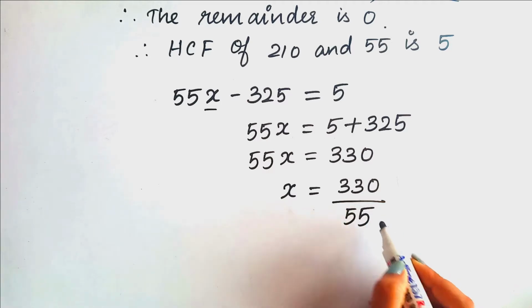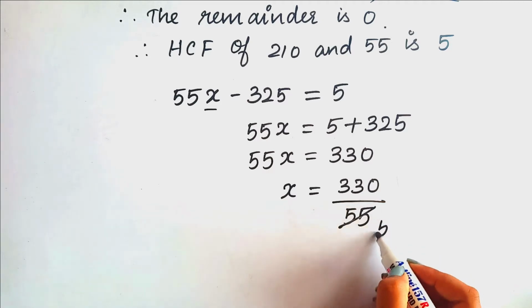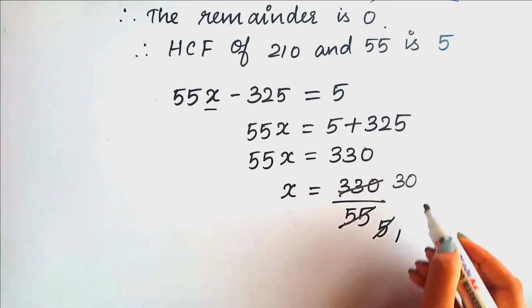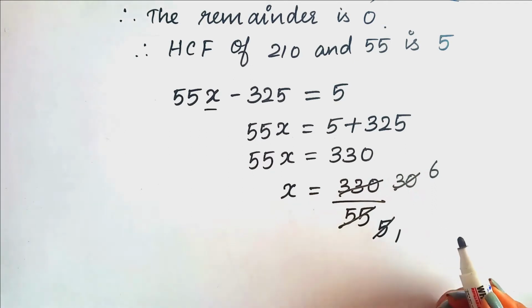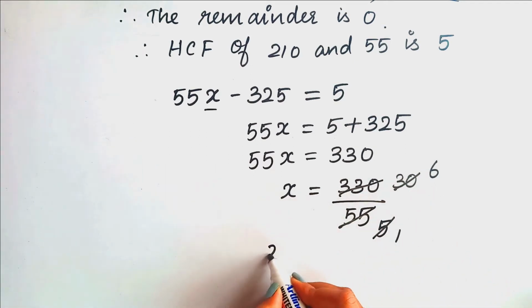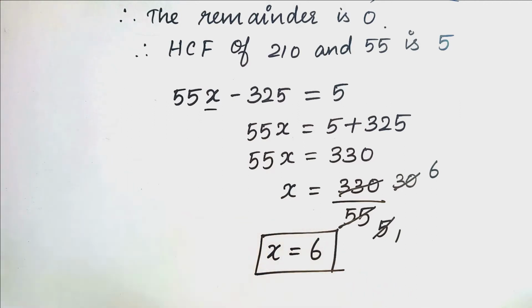So let's cancel. By the 11th table we'll get 5, and here we'll get 30, and then again let's cancel. 5 ones are 5 and 5 6s are 30. So therefore we got an answer, x is equal to 6. Therefore we have found the value of x.